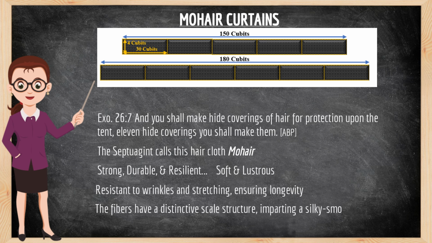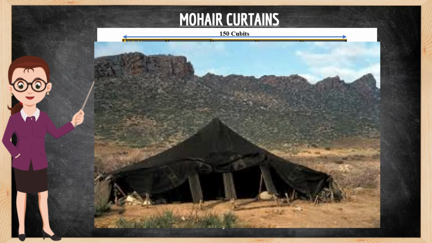The fibers have a distinctive scale structure, imparting a silky smooth texture and a natural sheen to the yarn. The hair color is not mentioned in Scripture, but it is widely understood to be black mohair. This we also see in the Bedouin tents made with mohair canvas.